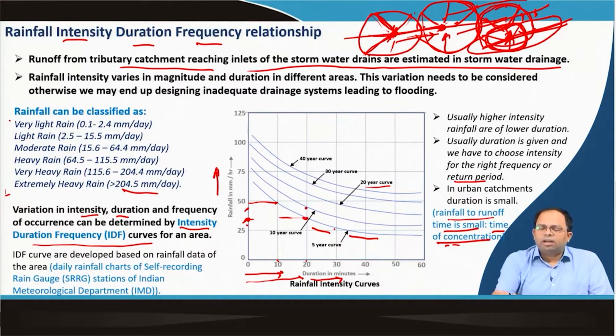The third inlet's time of concentration depends on the entire area before it, because here the water comes from the entire catchment above it. That is how we keep estimating the time of concentration for each inlet, and based on that we determine the storm water volume that has to be considered for that particular point.